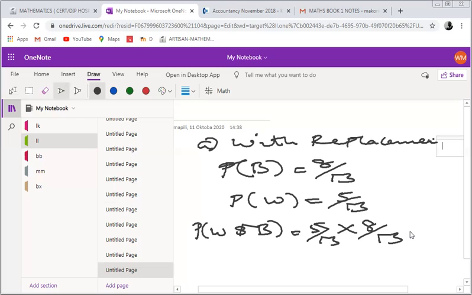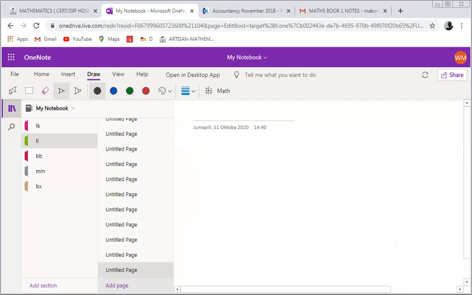But allow me to note this here. If this question was talking about without replacement, the probability of white and black balls being picked would be, for the first ball, 5 over 13, because there were a total of 13.